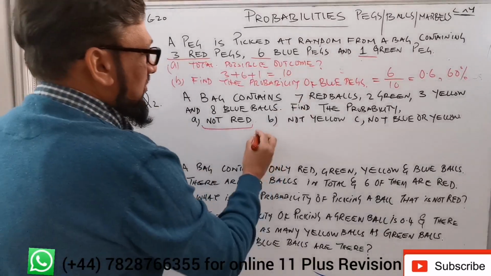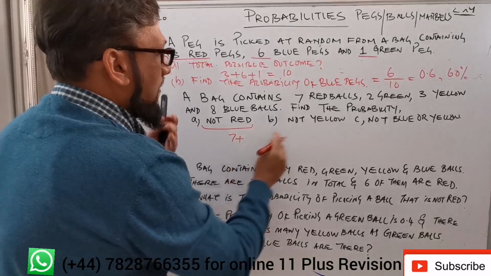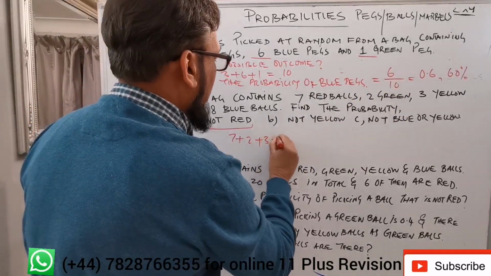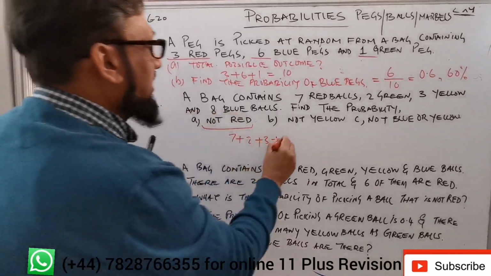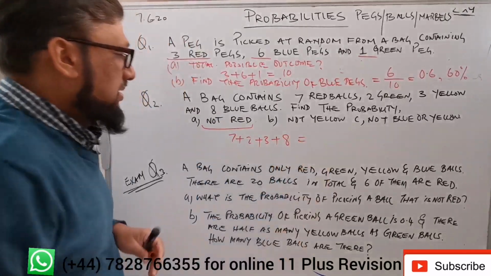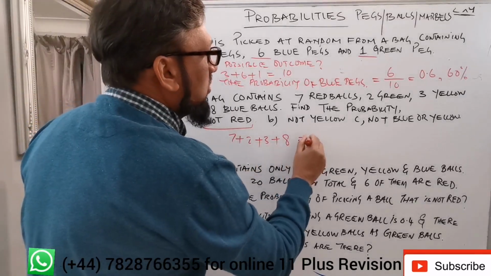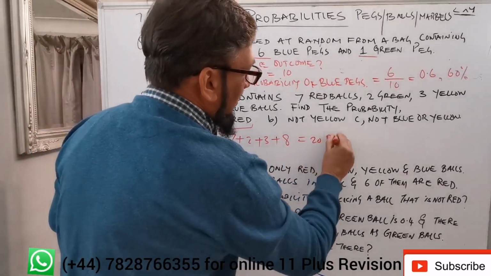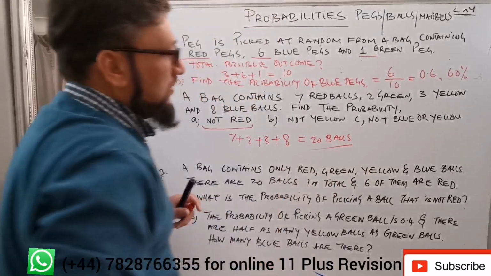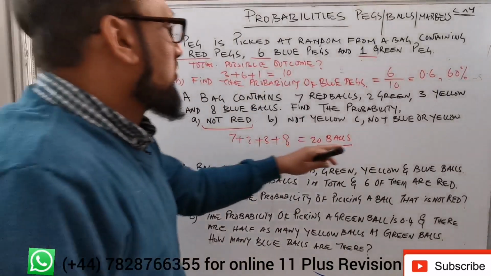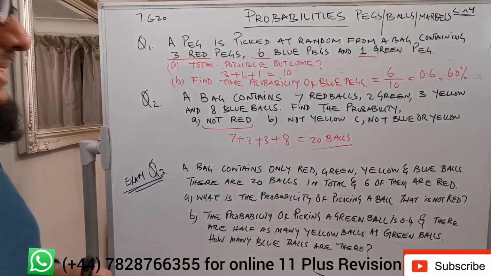So 7, 2, 3, and 8. How many are there? There are 20 balls. So the total possible outcomes will be 20.